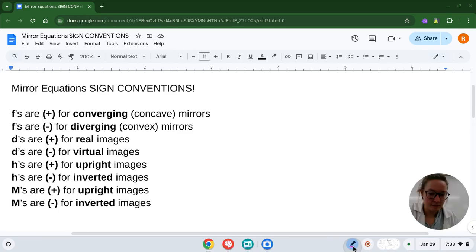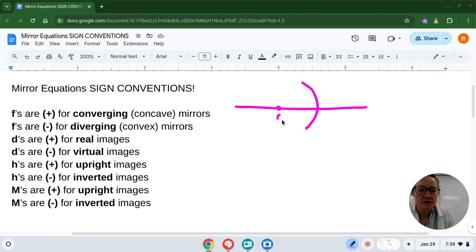Let me show you here a little bit about where these things come from. I'm going to start with these first four here, talking about our lengths and our distances. Let's start with a converging mirror like this. If you have a converging mirror like this, you're going to have your center somewhere like right here, and then you'll have your focal point somewhere like right here.